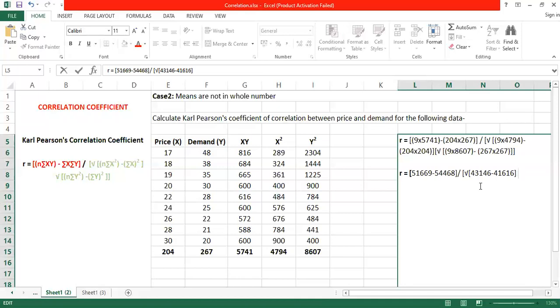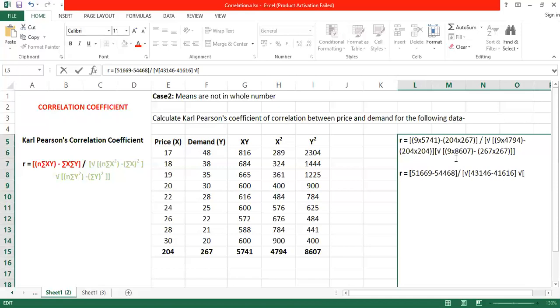Again, it is square root of, now we have to write the y part as well. So this part, this is 9 into 8607.